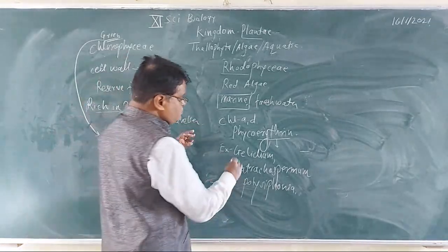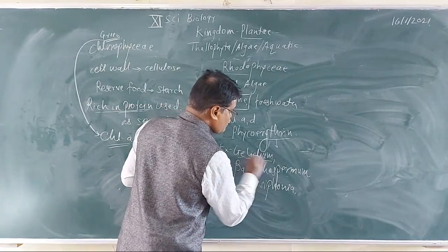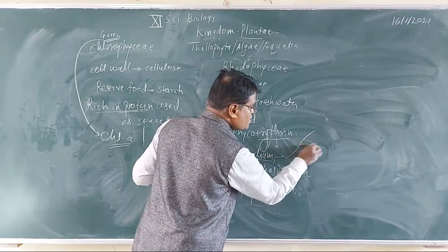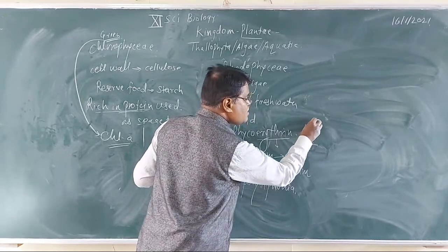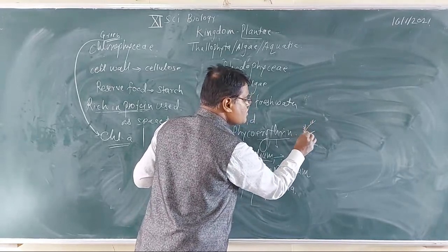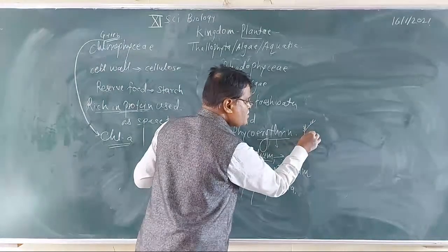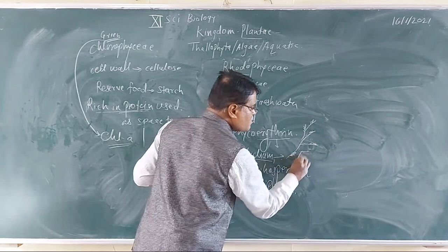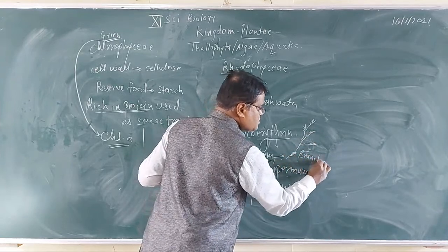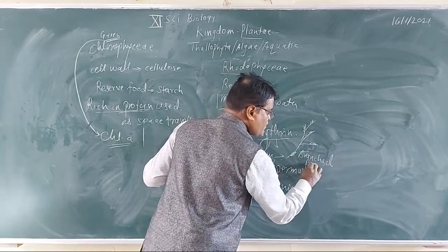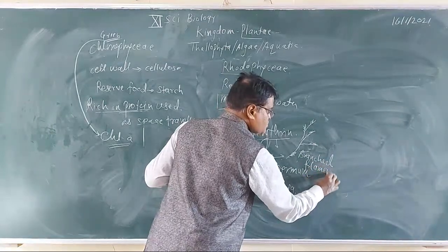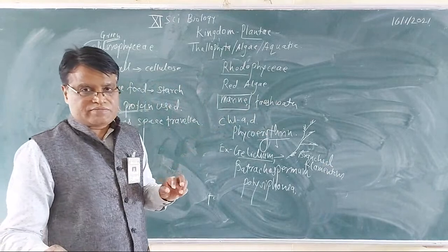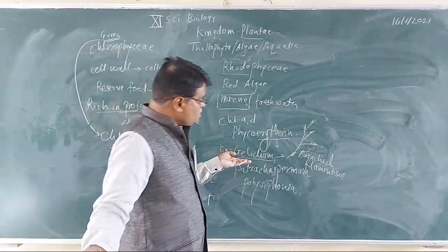Now for example Gelidium, like this one. It's a branched one, a simple branch and filamentous branch, filamentous, isn't it? And this one is the example.